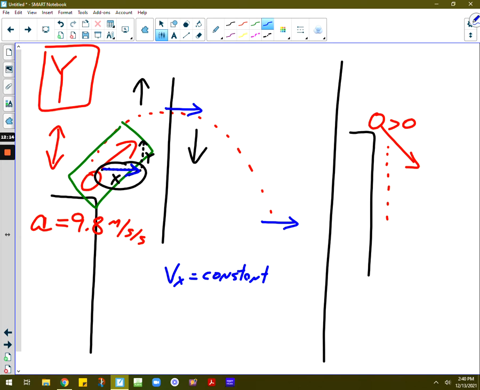Okay. Same thing right here. If you've got a downward vector. Well, check it out. You can still take that downward vector. You can turn it into an x component and a v0 of y component going down. But this x component right here, the entire time it's falling, does not change. It's going to stay the same, bless you. Okay?